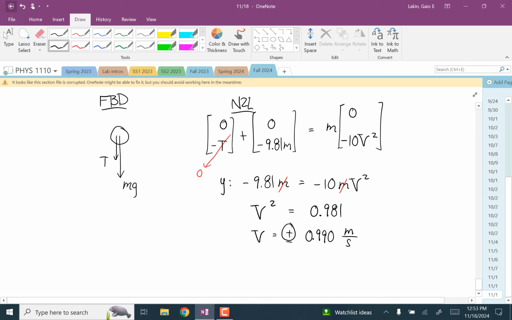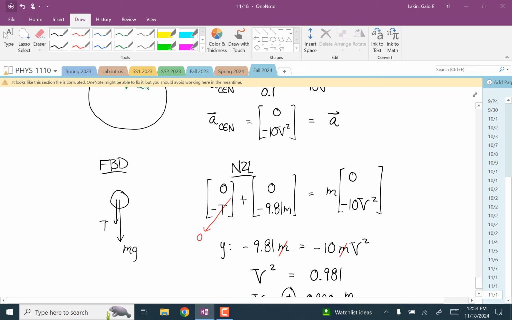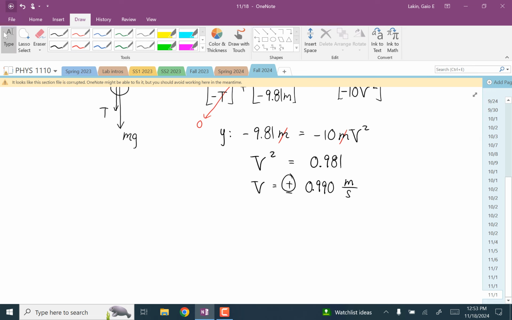Okay, I went through that pretty fast, but that was just circular motion. That was just to figure out, okay, if this thing's going to stay in a circle, this is the speed at the top. So now we're going to figure out what's the slowest possible speed at the bottom, because this is as slow as it can be at the top. And we're going to use conservation of mechanical energy to figure out the speed at the bottom.